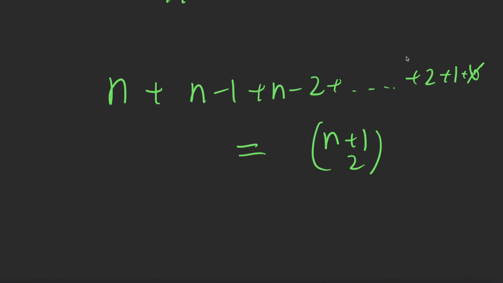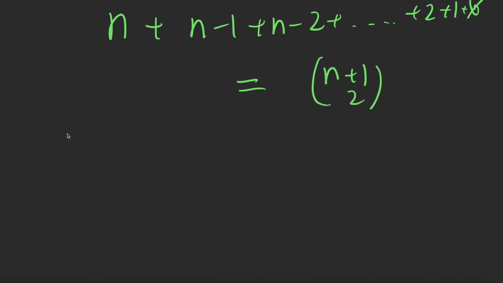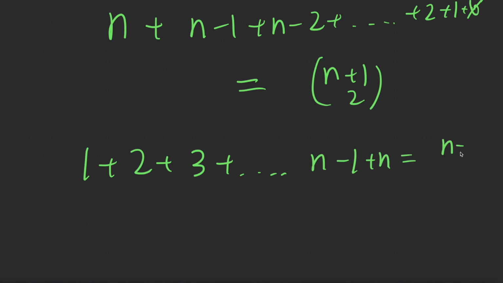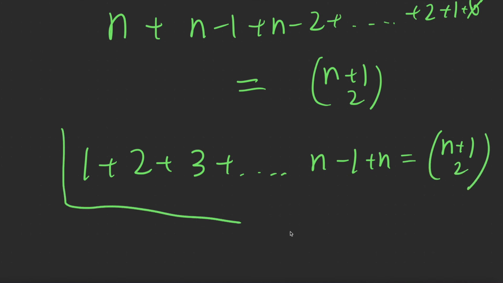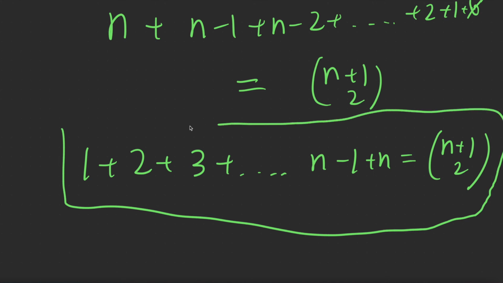And if you reverse the order, that'll get us to the first expression we had, 1 plus 2 plus 3 plus all the way up until n minus 1 plus n is equal to n plus 1 c2. And that is the derivation, the non-Gaussian derivation, like I love to say.